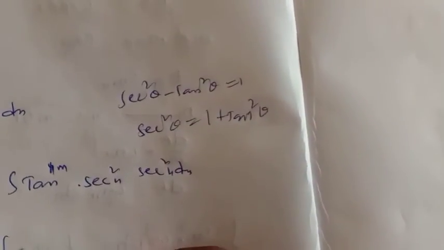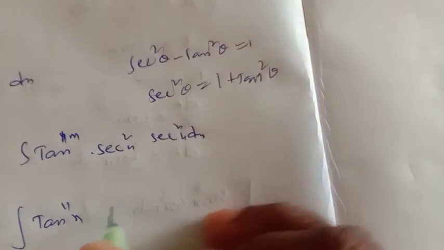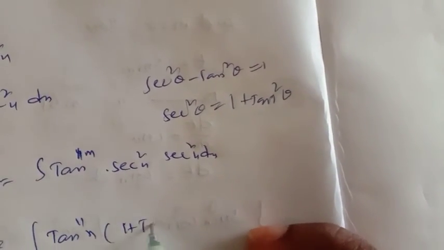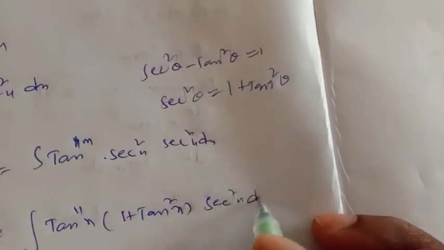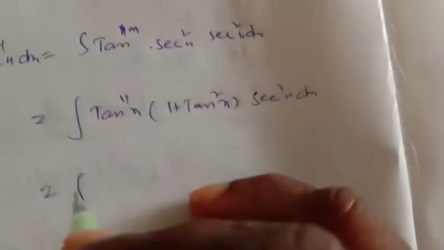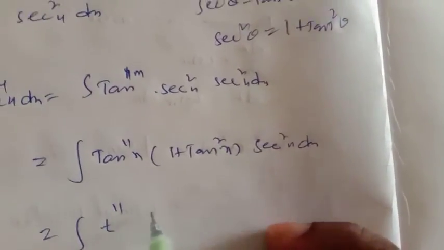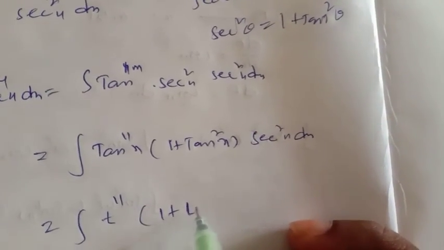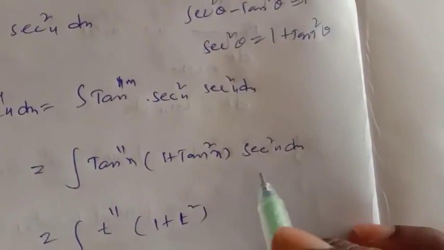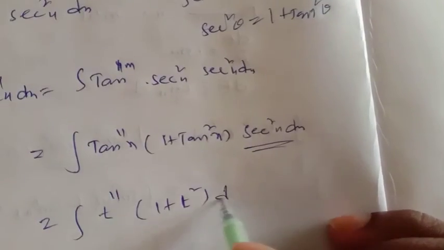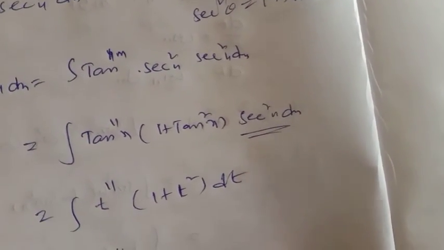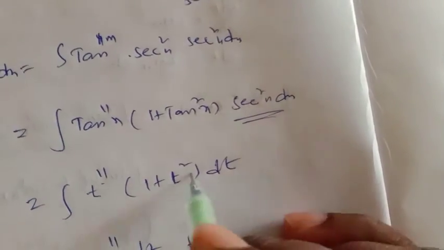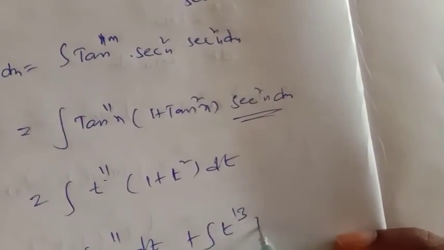Here substitute this value, we get tan power 11x into 1 plus tan square x into sec square x into dx. Here substitute the t value, that is t to the power of 11 into 1 plus t square into sec square x dx equal to dt, that equal to t to the power of 11 into dt plus t to the power of 11 plus 2, that is 13, dt.